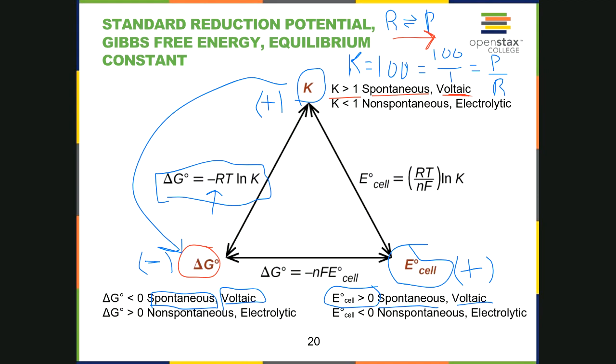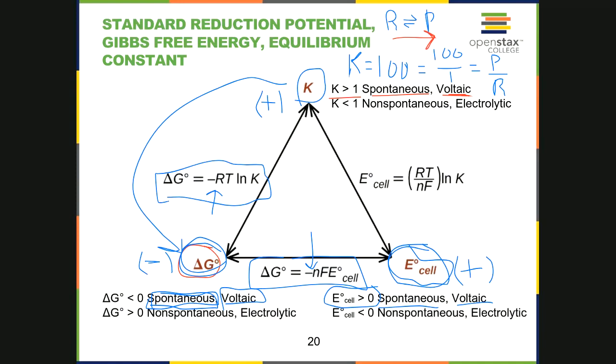So if we're comparing then the Gibbs free energy, delta G, to the cell potential, we have an equation that will do that. And the main thing about that equation is that there's a negative in there. So that changes the sign. So a negative Gibbs free energy that is spontaneous is going to go with a cell potential that is positive. So our negative is going to go to positive.